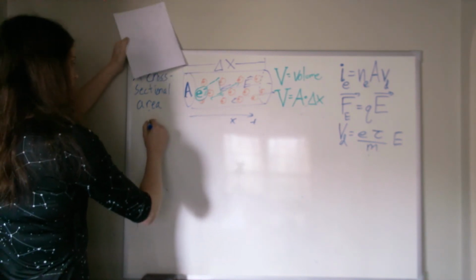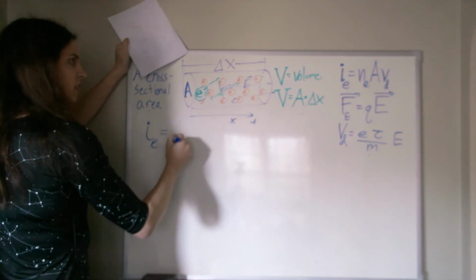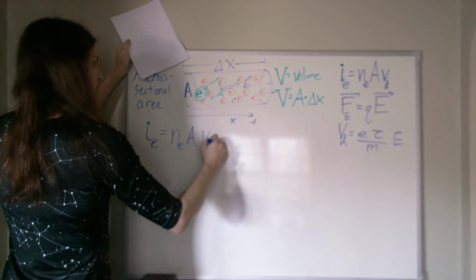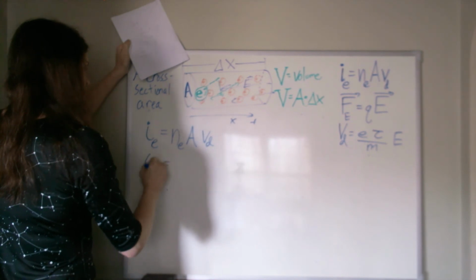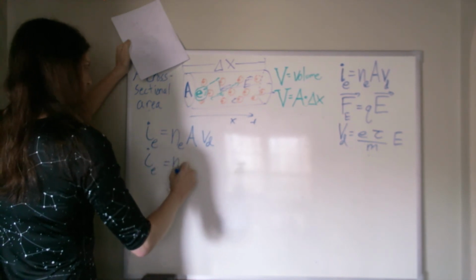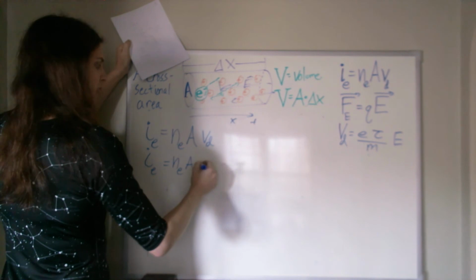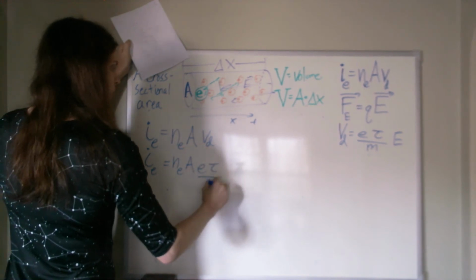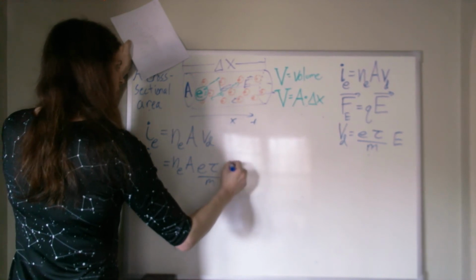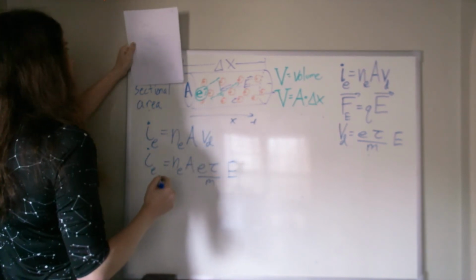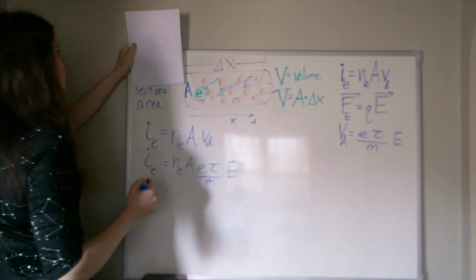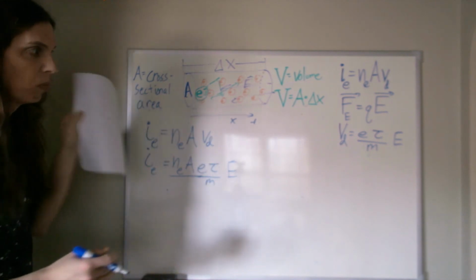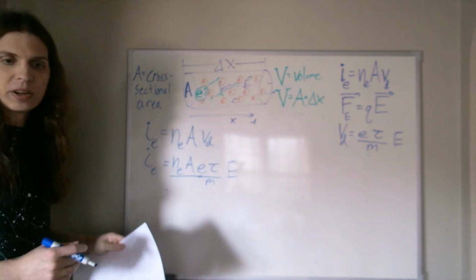So, I_E is n e A v_D, which is n e A times e tau over m, times capital E. And then I'm going to stick that over here on the right-hand side as well.